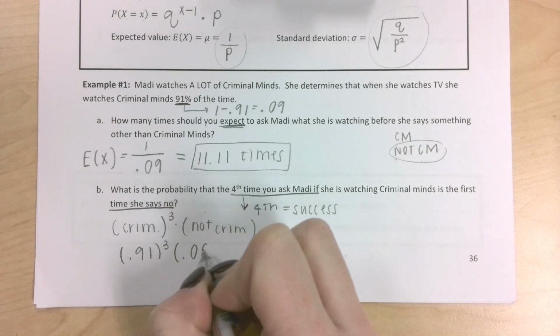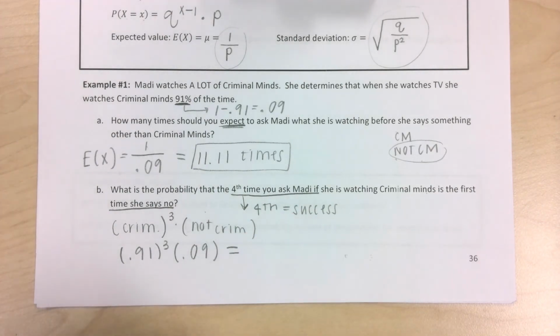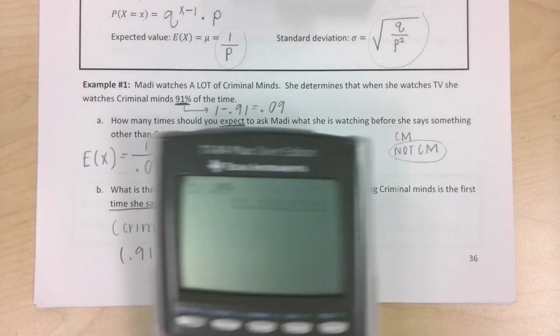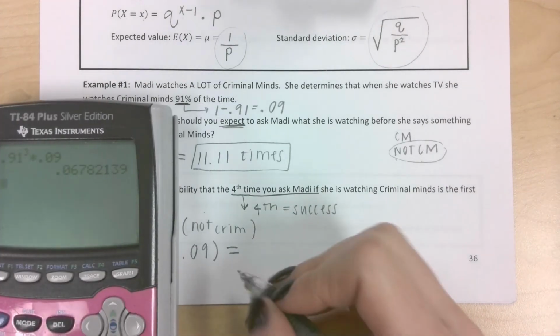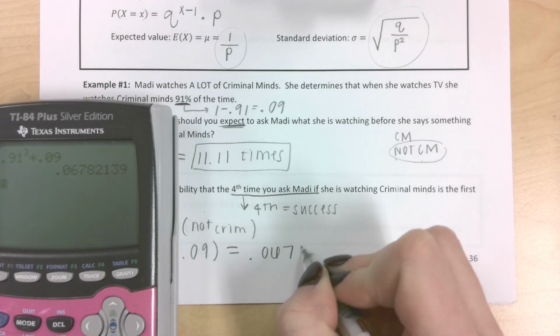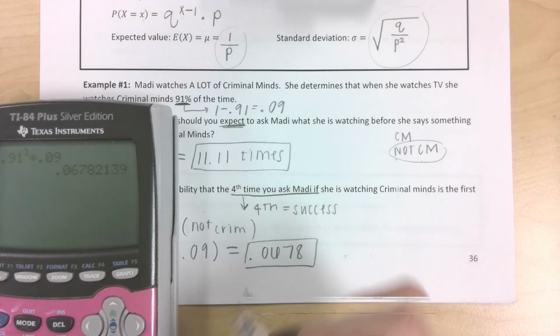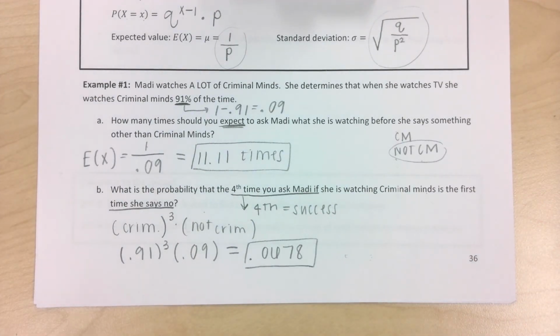Not Criminal Minds is only 9%. So I'm going to do 0.91 to the 3rd times 0.09. So about a 6% chance that the 4th time you ask her is going to be the first time that she says she's watching something other than Criminal Minds.